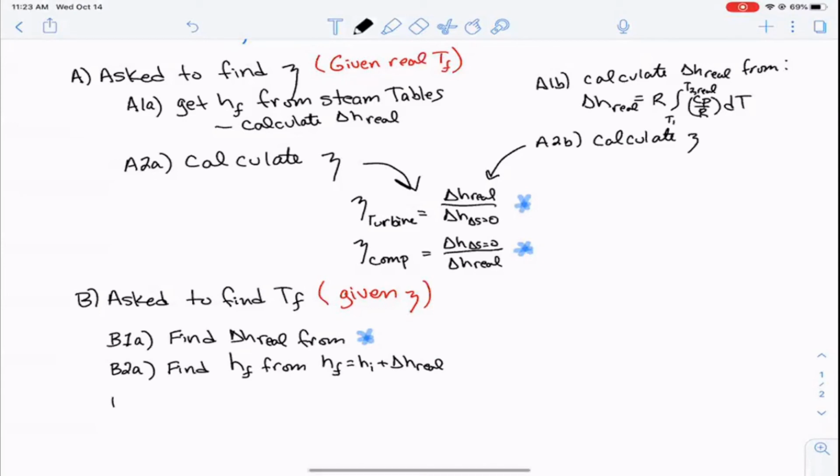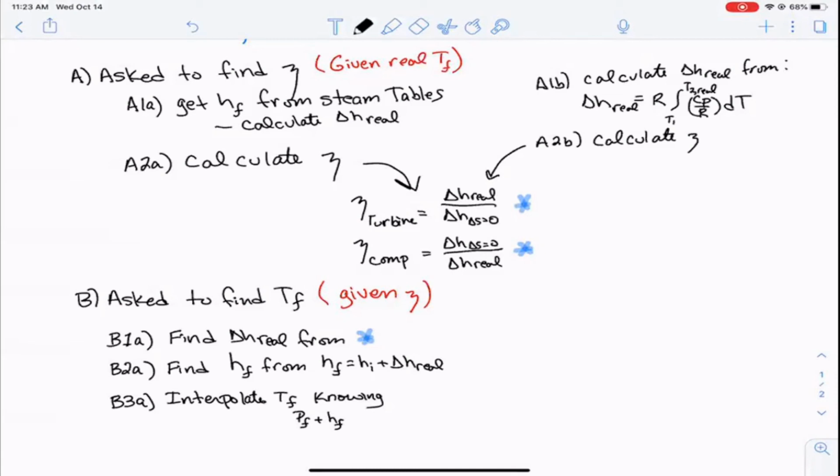And then the final step here is to interpolate the final temperature, T final, now that we know the final pressure and the final enthalpy. And doing this sequence of steps for the steam table problems will give you essentially all of the things that we could ask, right? Whether it's find the efficiency, find the final temperature, etc.